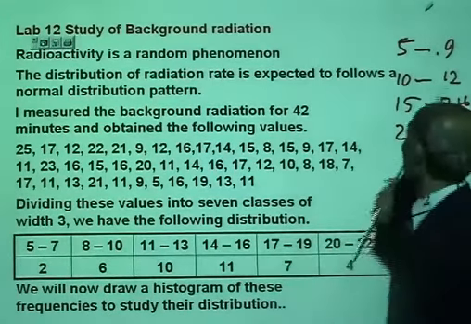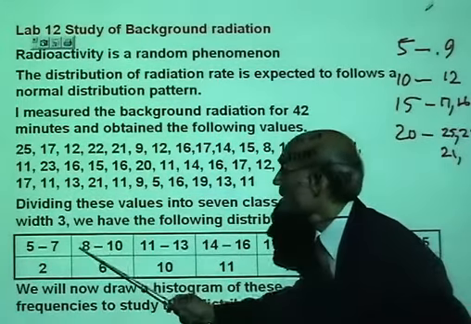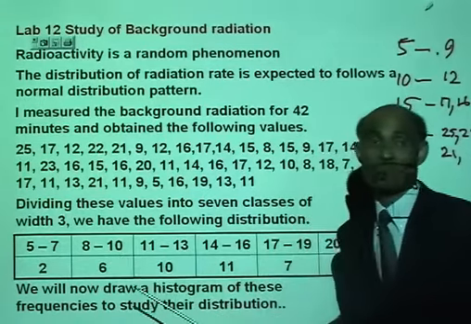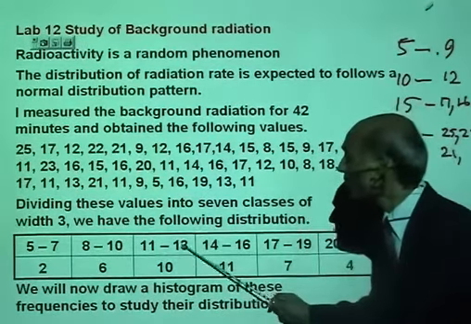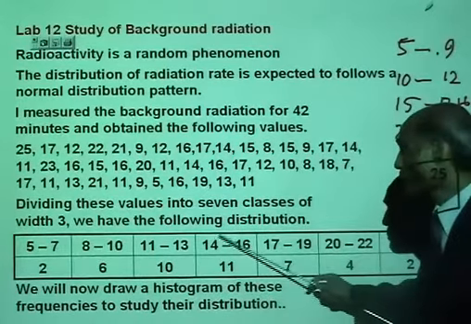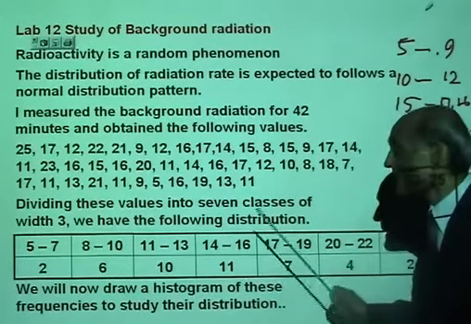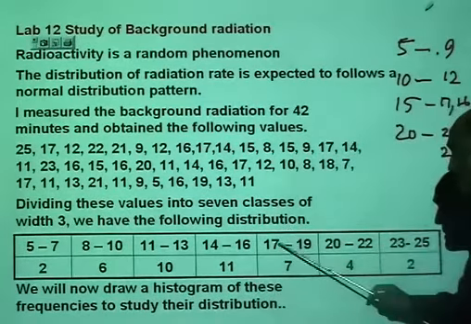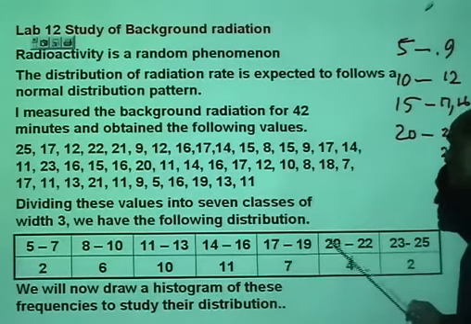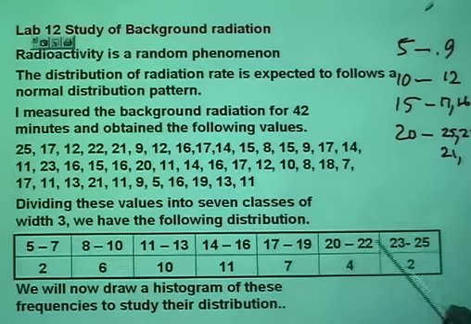Using that, I counted the numbers from 8 to 10, I got 6 of them. 11 to 13, I got 10 of them. 14 to 16, I got 11 of them. 17 to 19, there were 7. 20 to 22, there were 4.